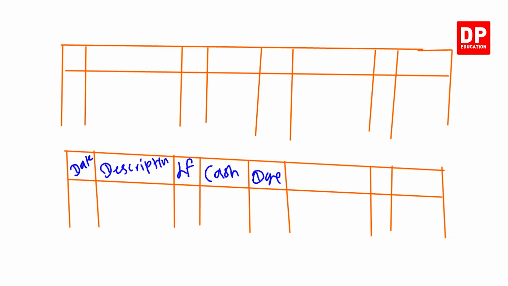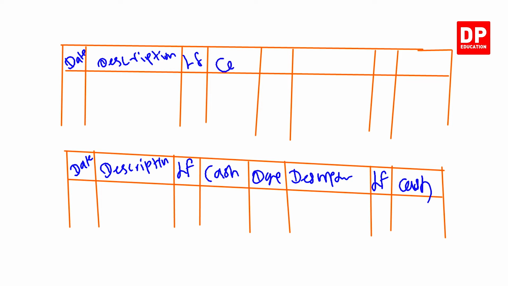Date, description, ledger folio, cash. Here also the same: date, description, ledger folio, cash, date, description, ledger folio, cash.